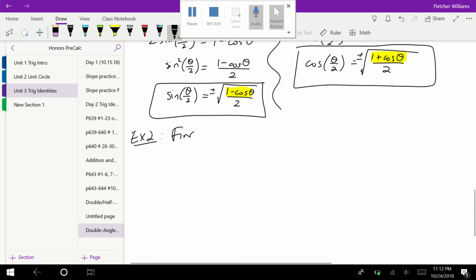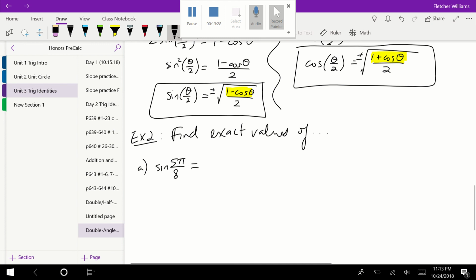So for these, find the exact values of the following. Sine of 5 pi over 8.